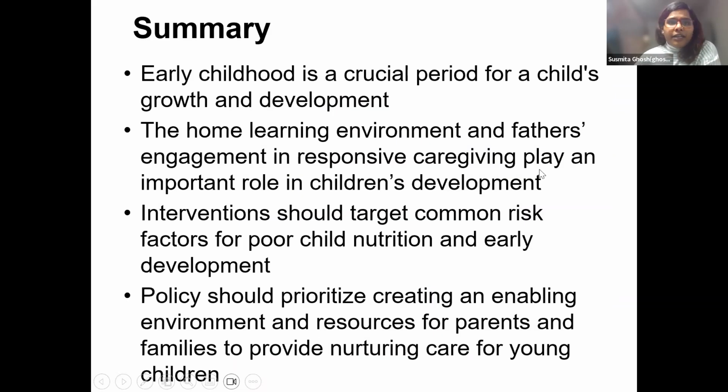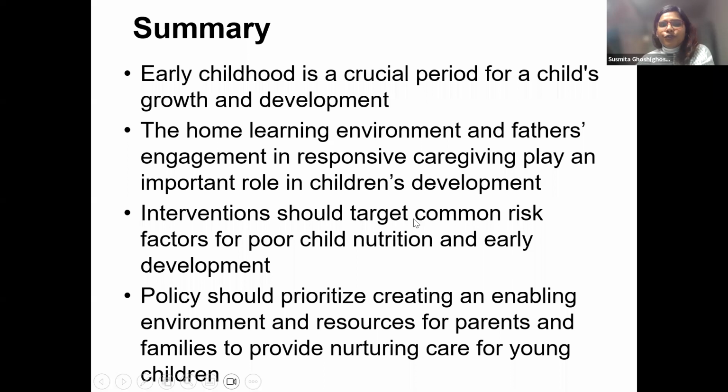So now I'm going to wrap up my presentation with some key messages. We can say the early childhood development period is very crucial for shaping a child's growth and development, and the home learning environment and father's engagement in responsive caregiving play an important role in children's development.